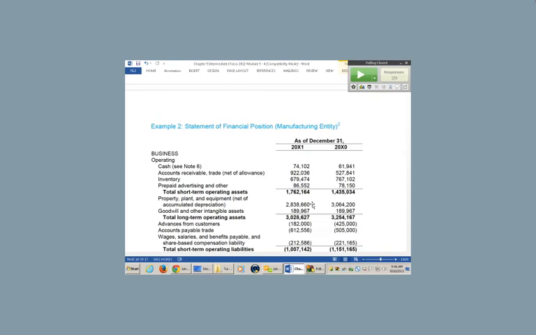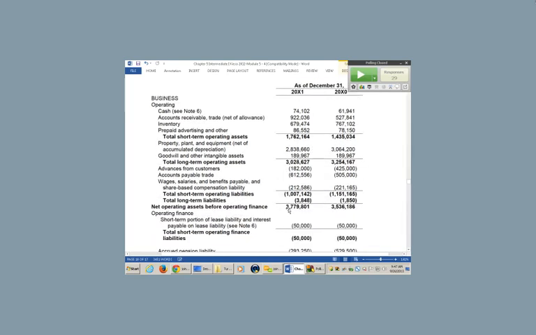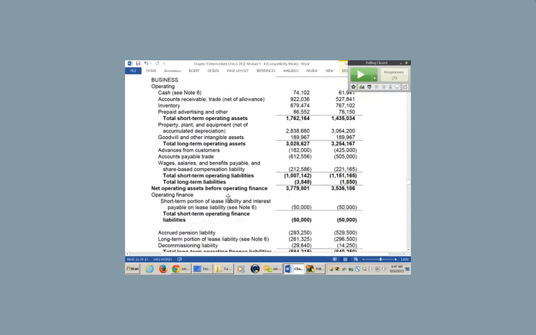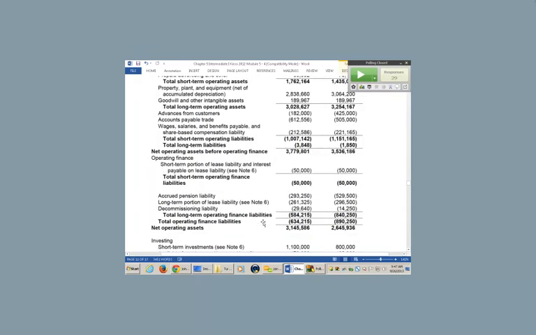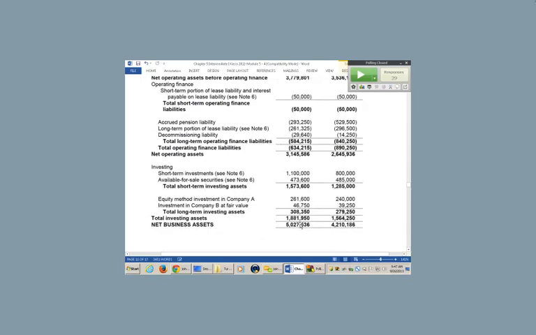And then you've got liabilities that they consider business operating liabilities on a long-term basis. Then you go to something called financing or operating financing, and then down to this pension liability. And then you have net operating assets, so they're netting the assets against the liabilities. Then they have investing, and they have net business assets.